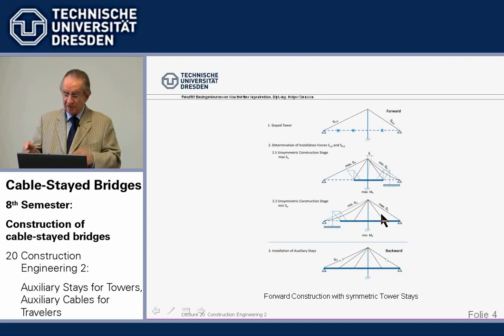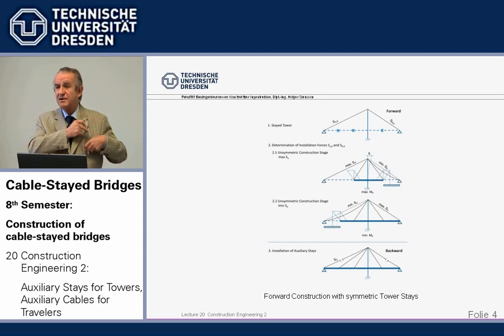So by knowing the biggest force and permissible stresses, we can then calculate the required steel diameter of the cable, and we can choose a certain minimum initial force, and we have the diameter of the cable.